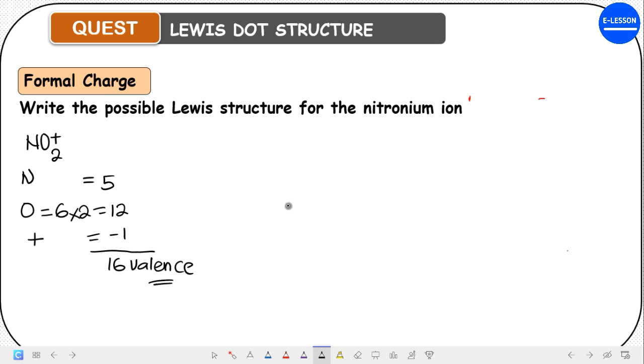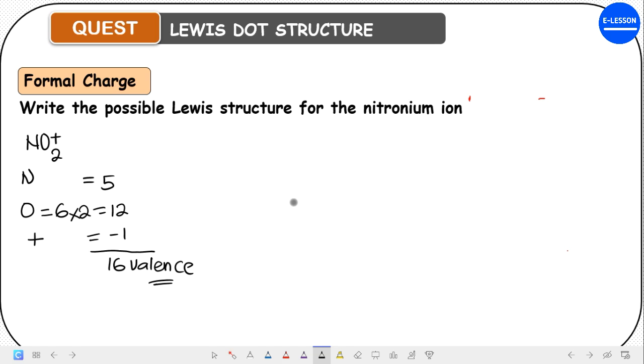Now, the next thing we need to do after calculating the number of valence electrons is to write the skeleton of the structure. The skeleton talks about how each of the atoms is connected in the structure. I gave you rules to follow yesterday. The first rule was that while writing the skeleton, the least electronegative atom is always the central atom.